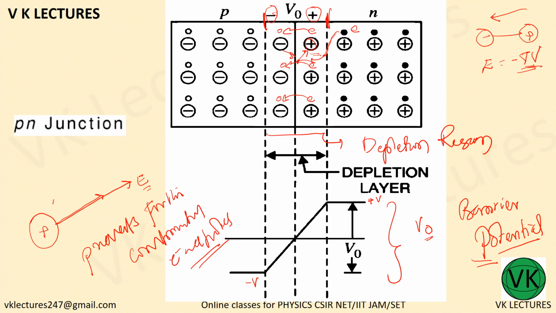There won't be current. So there develops a potential which prevents this electron-hole pair combination.